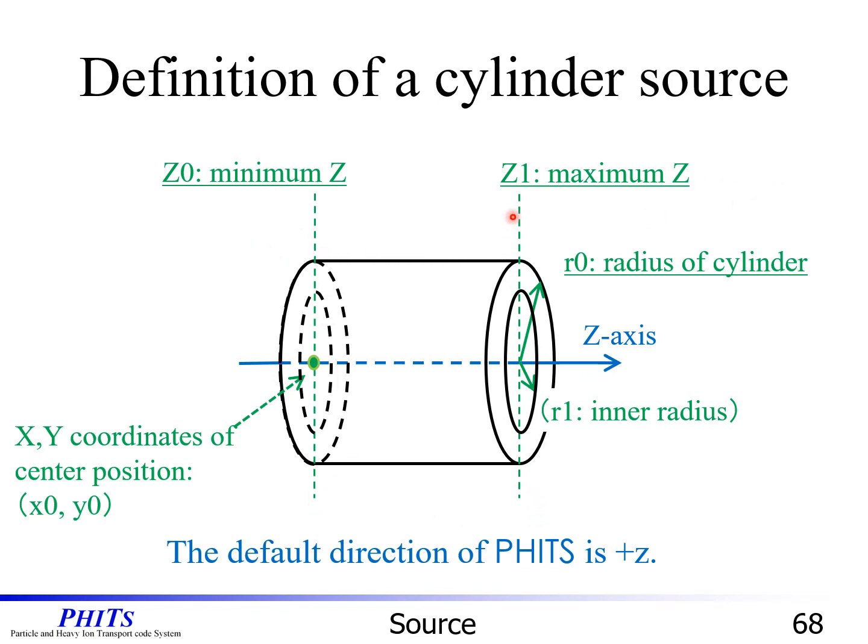The height of the cylinder is determined by these parameters. X0 and Y0 are, respectively, x and y coordinates of the central axis. These parameters are optional, and their default values are 0. R1 is also optional. When you set this parameter, the inner region is removed, and then a source region like pipes can be set.